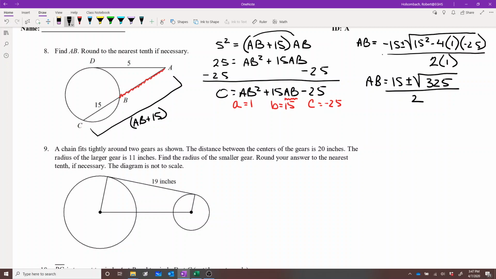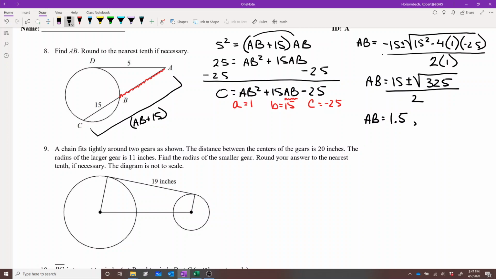So when we do our AB, plus the square root of 325 divided by 2, we get an AB value of 1.5.